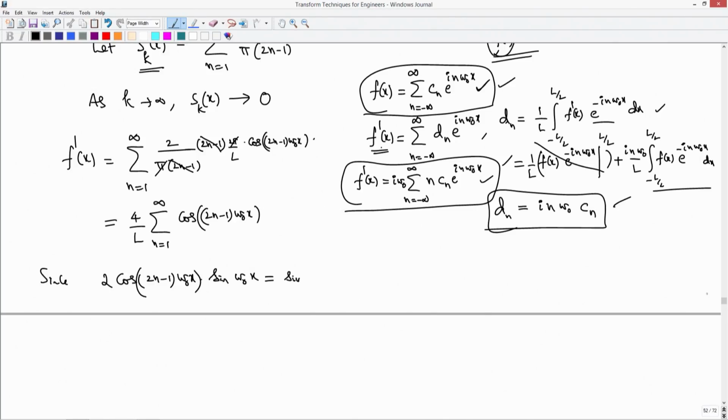So if I use this, what is the sin sum? Sin sum is sin 2n w naught x, because this is starting with cos, and that makes sin sum plus sin difference.